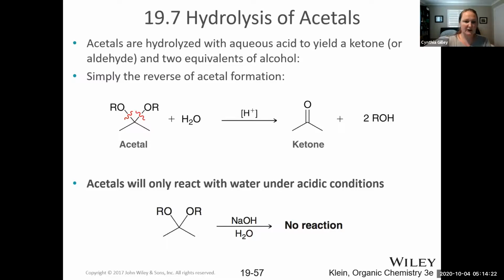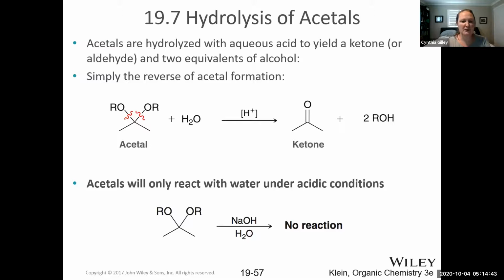So all of these reactions can be drawn in the reverse direction. They're still acid catalyzed, right? But in reverse, we add water. So typically a dilute acid solution might be used in order to have a lot of water around and some acid to catalyze the reverse reaction.